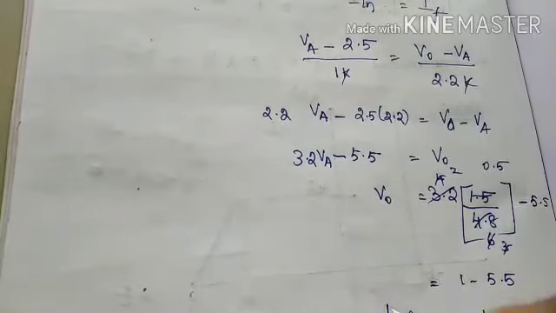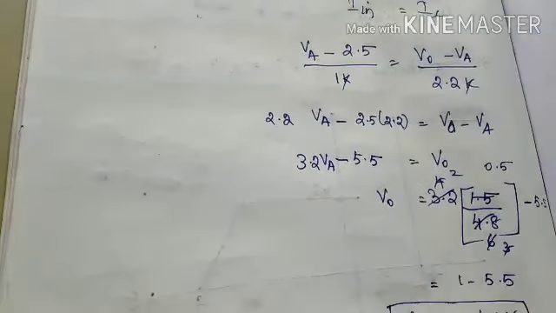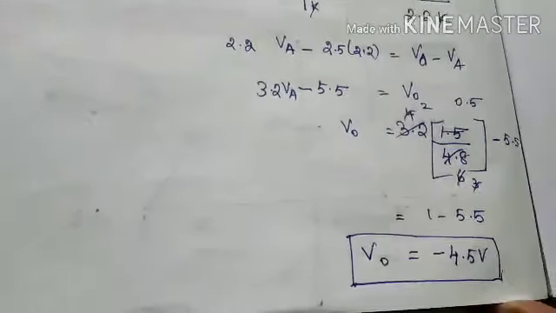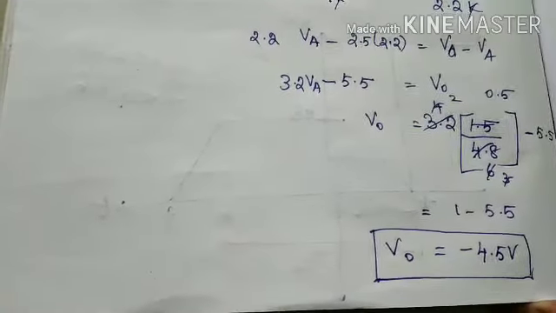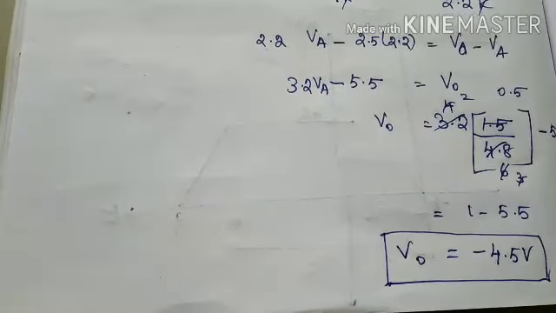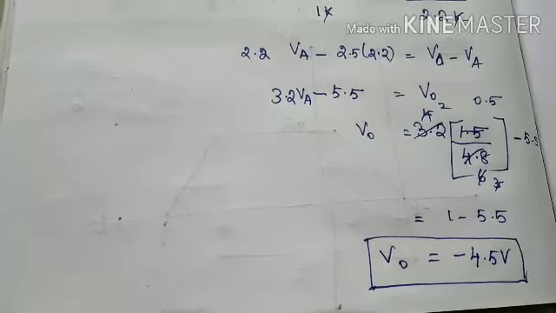So V0 is equal to minus 4.5 volts. Our final answer, the output voltage of the op-amp, is V0 equal to minus 4.5 volts.